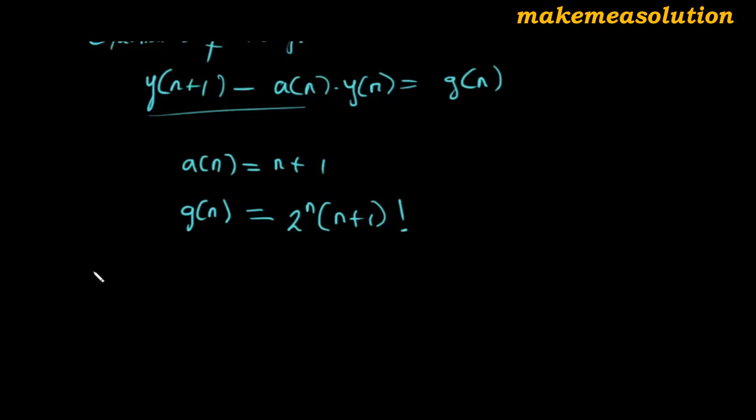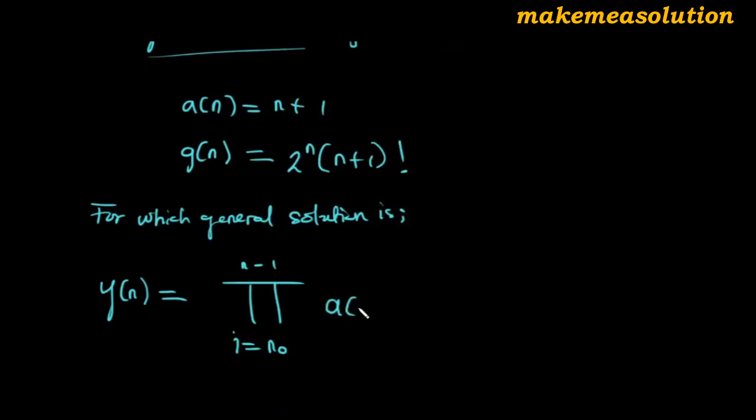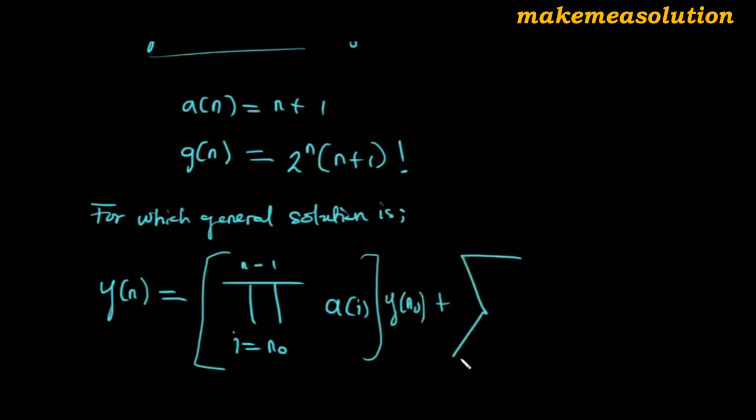So the general solution for this case is, y of n is equal to, according to the formula, we have pi from i equal to n naught to n minus 1 of a of i, everything here multiplied by your y of n naught, then you now have plus your summation, this variable changes from i to k, equal to n naught to n minus 1.